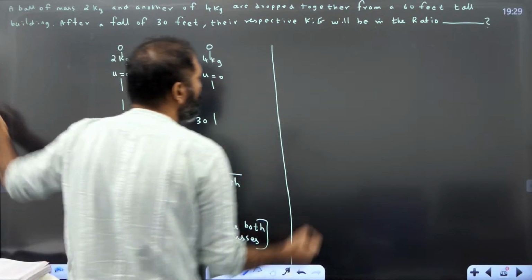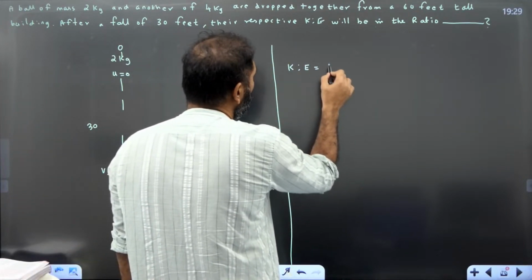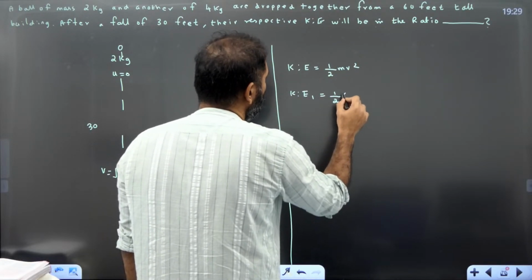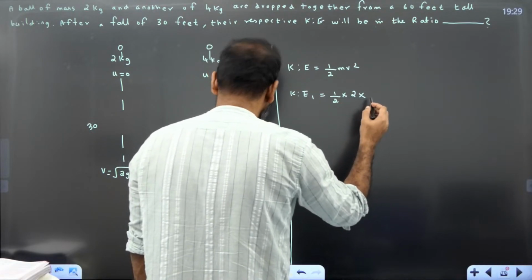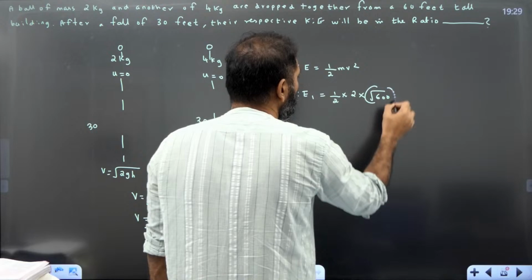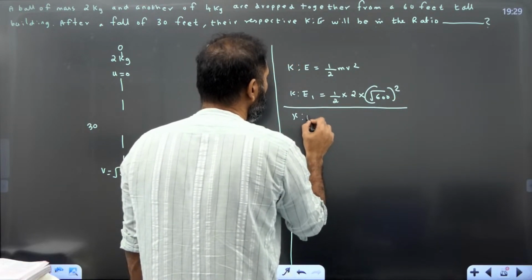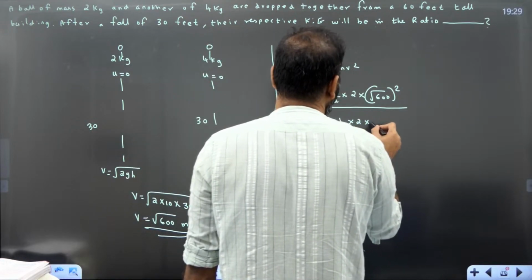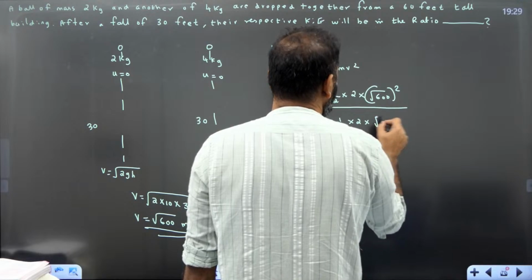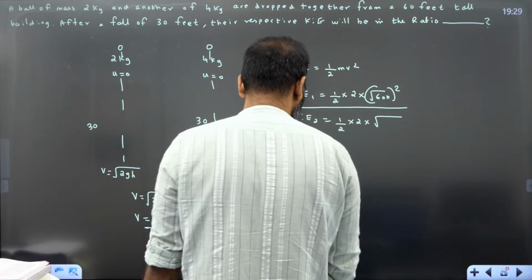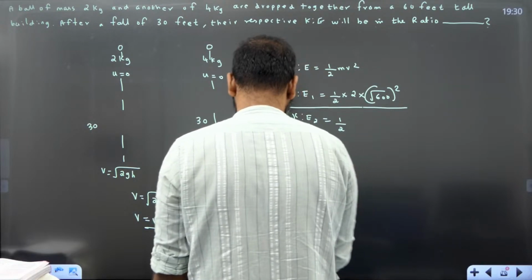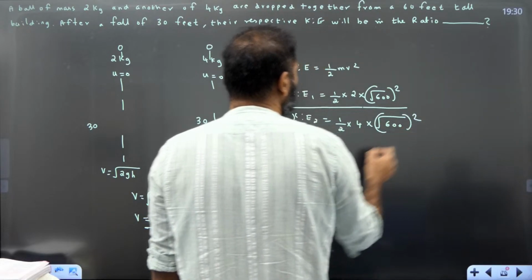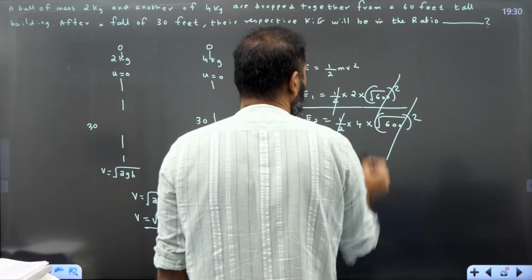Now what we have to find out is kinetic energy. Kinetic energy is half mv squared. For the first body, half into 2 into root 600 squared, divided by the kinetic energy of the second body, half into 4 into root 600 squared. Half and 600 cancel, leaving 2 by 4.